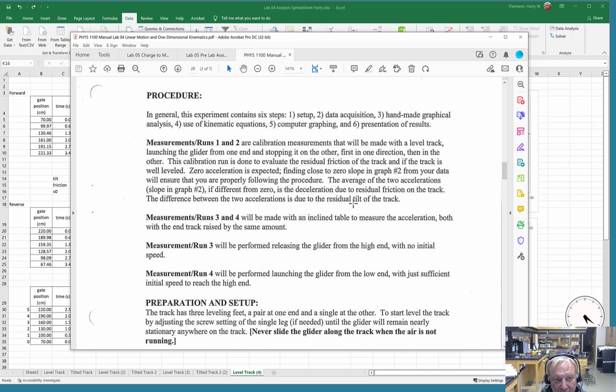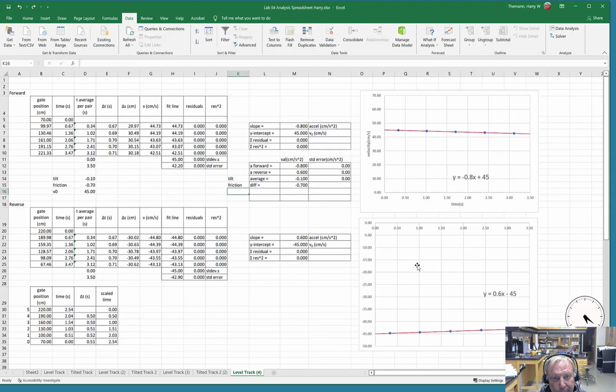The average value of them in the case of the level tracks is the tilt, and the difference, actually the difference divided by 2, is the friction. So average is the tilt, and difference is the friction.